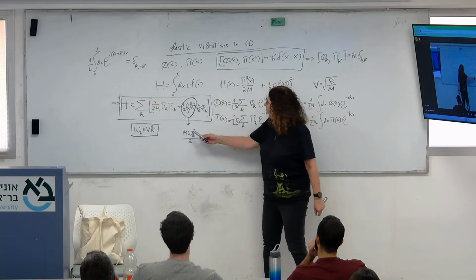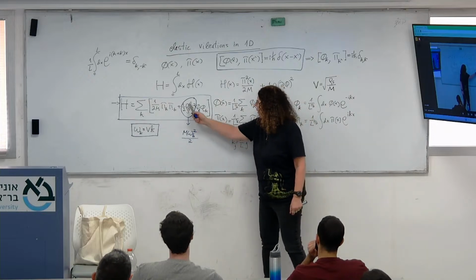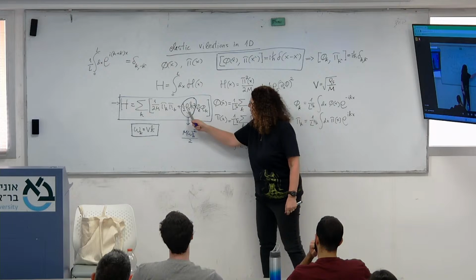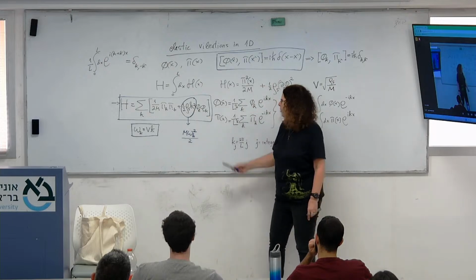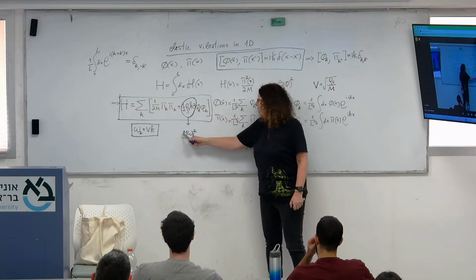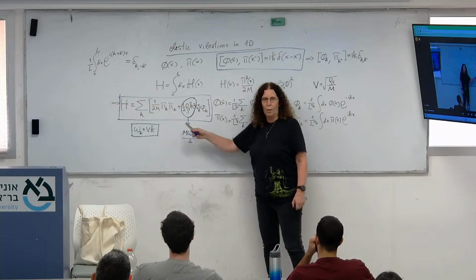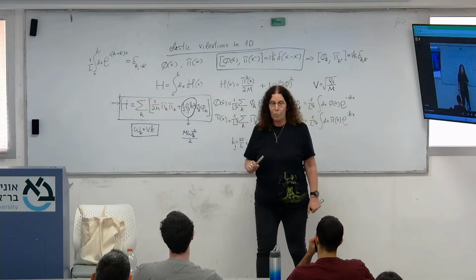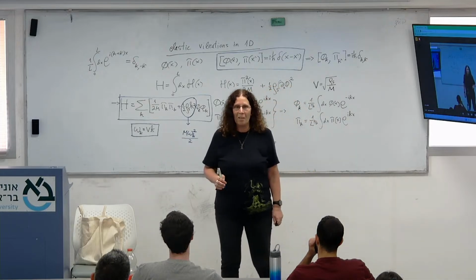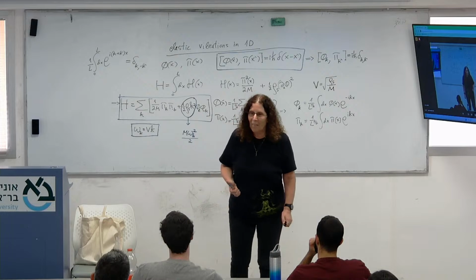So you see, we can actually rewrite the elastic part of the potential energy as m omega squared. And this form should remind you of what? What does it remind you? If it reminds anything.